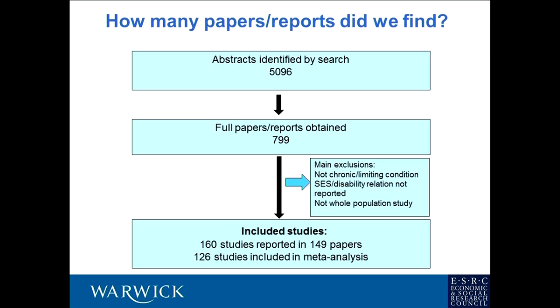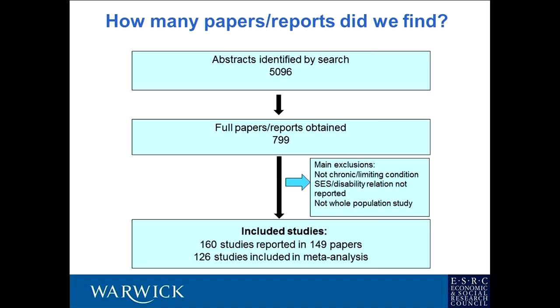We read 799 of them, but excluded quite a lot of those studies because they didn't meet our inclusion criteria for a whole number of reasons. It was because maybe they weren't identifying whether the children had chronic and limiting conditions, or they weren't whole population studies.